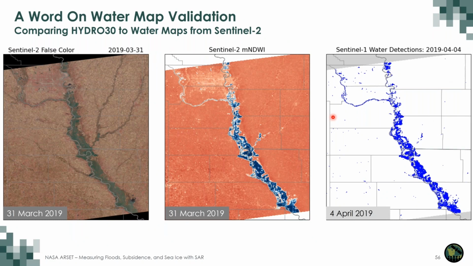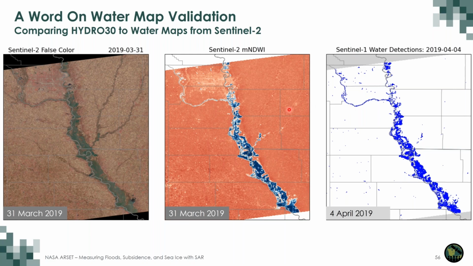We've done a great deal of evaluation of this workflow to understand its performance. I want to show you a brief flavor of this analysis. Here is a comparison between our water detections from SAR, in this case Sentinel-1 SAR, and water detections from optical satellites.